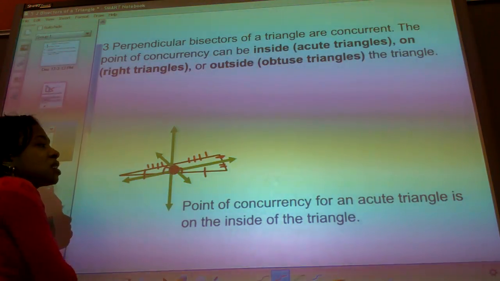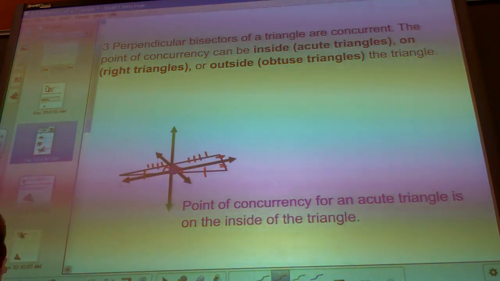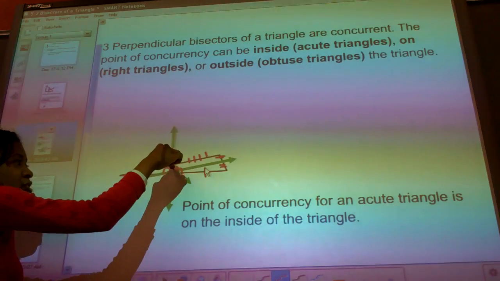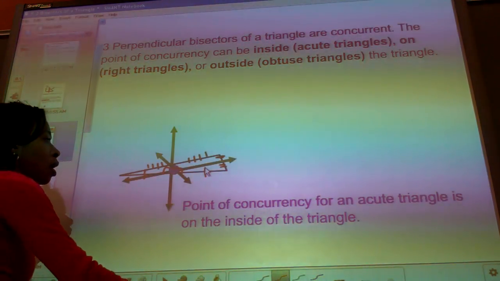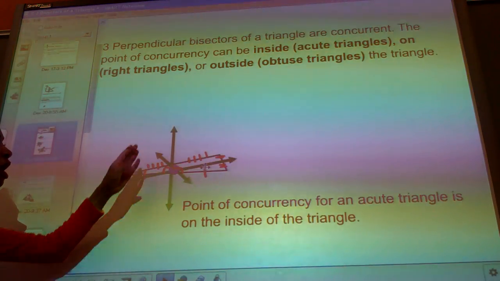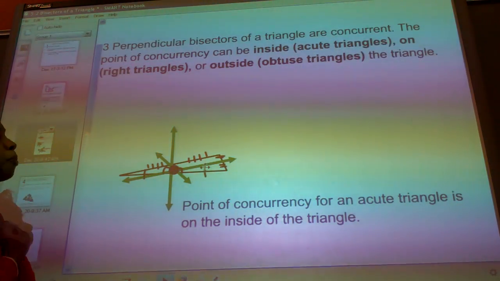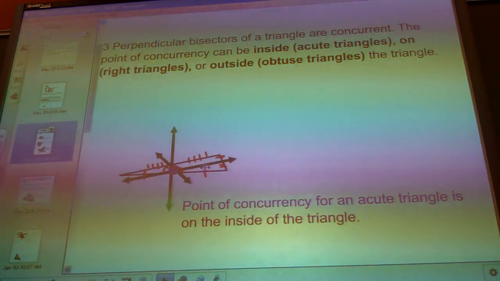And because this triangle happens to be an acute triangle, the point of concurrency, which I drew as a big dot, is in the center of the triangle. Again, the point of concurrency is when I draw three perpendicular bisectors, that one point where all three intersect.